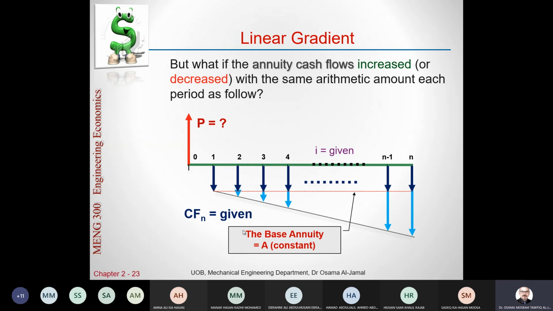Someone will say, okay, what about if it's decreasing? Are we going to go for this one here? No, still we're going to use the same annuity in there. See that one? And it's decreasing. What will happen? This area here now, what we are having there is this rectangle.